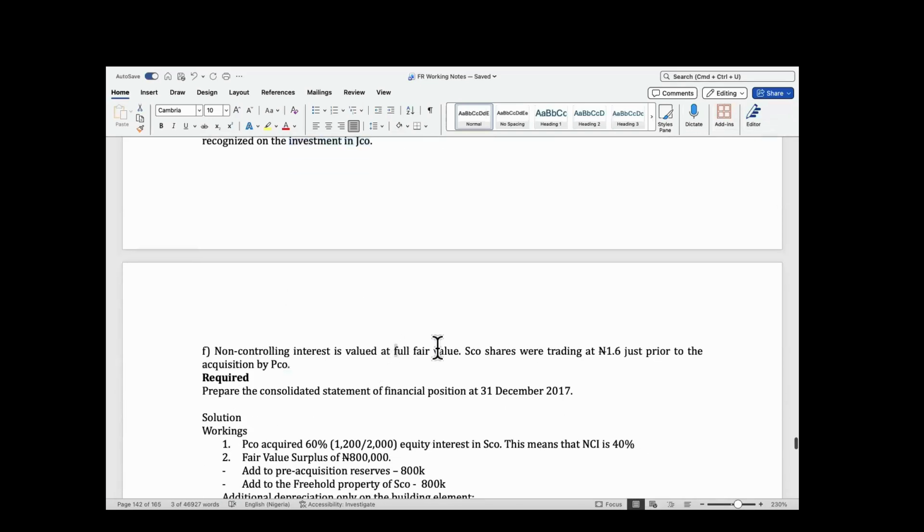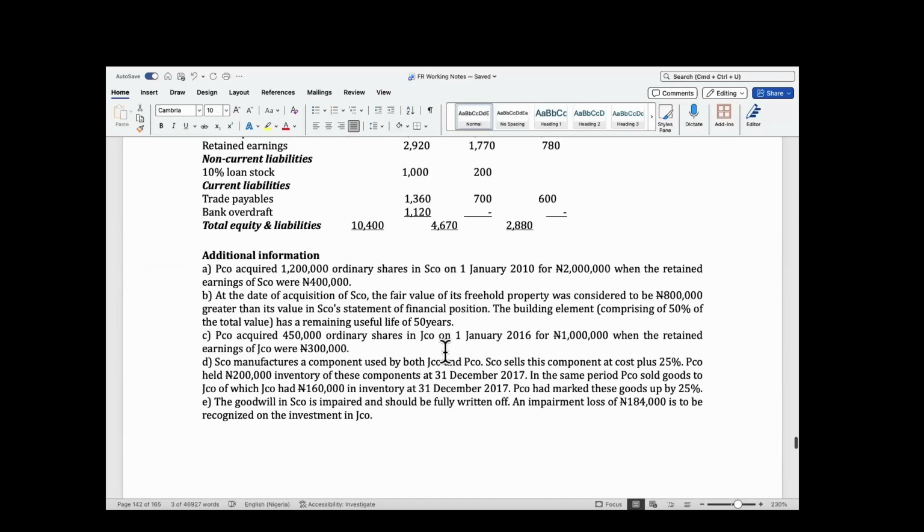Non-controlling interest is measured at full fair value, and shares were trading at 1.6. And you know that when NCI is measured at full fair value, you will need to get the number of shares that the NCI holds, and multiply that by the share price of the subsidiary. So what's the number of shares?